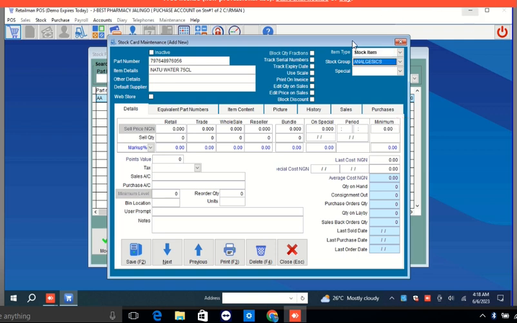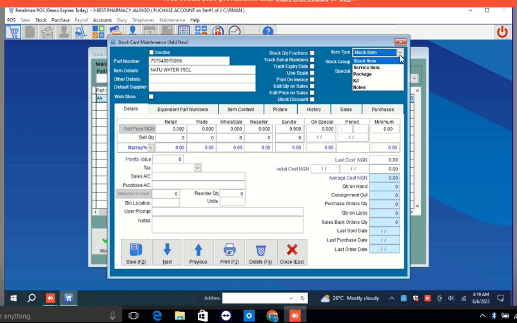Now, I want to explain about the stock item before we pass this one. The stock item means an item that is countable, an item you need to track the quantity of.